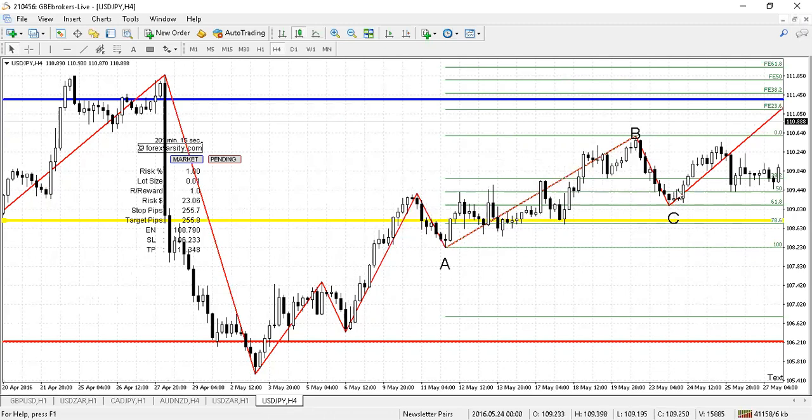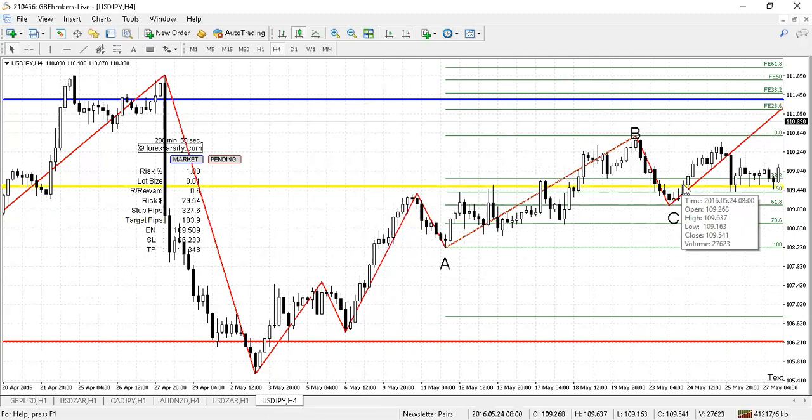So if you wanted to get into this trade at this particular candle, your entry point would be there. Now, one of the ways that you can determine a stop loss is to measure the points from A until your entry point.